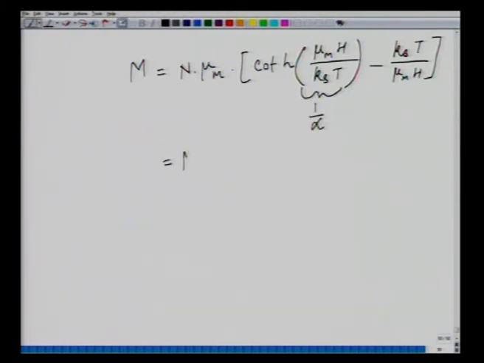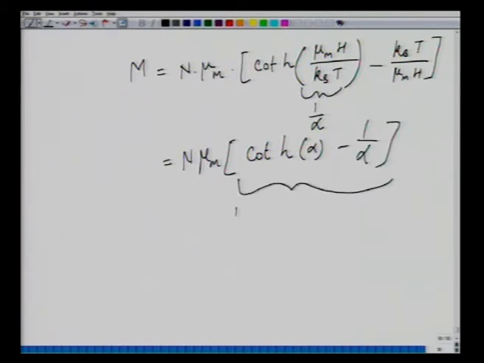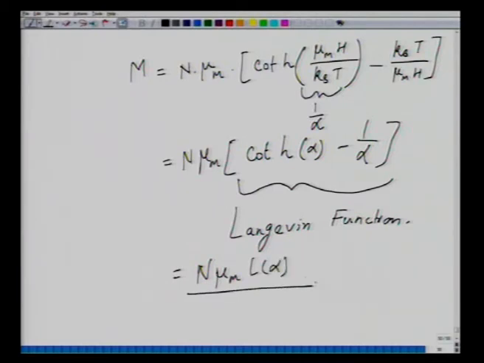So this becomes n mu m into coth alpha minus 1 by alpha, and this is nothing but your Langevin function, given as n mu m L alpha. Essentially the solution goes in a similar manner as in the dielectric materials.